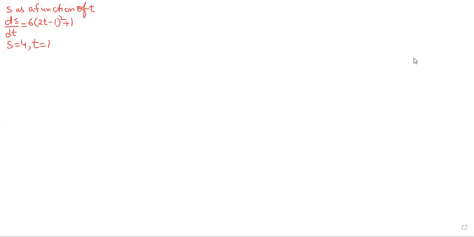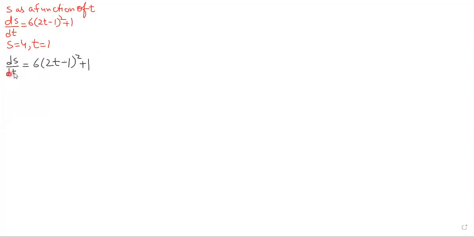So now I'm going to start by working over here. First of all, ds over dt is given, so I'm going to take that: 6 times (2t minus 1) whole square plus 1. First of all, I will shift this dt on this side.